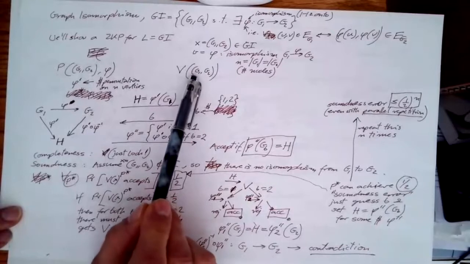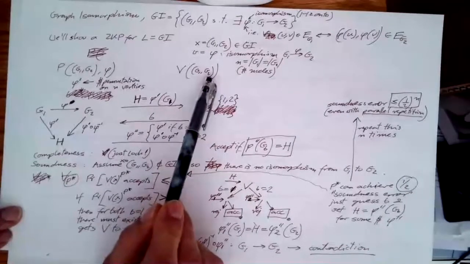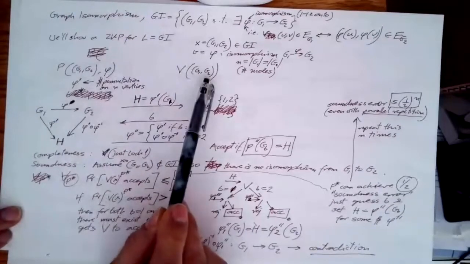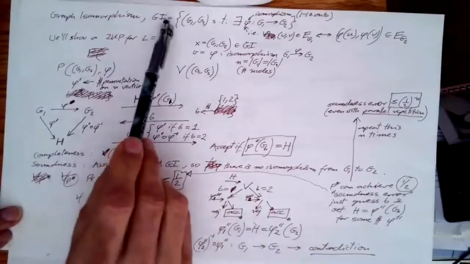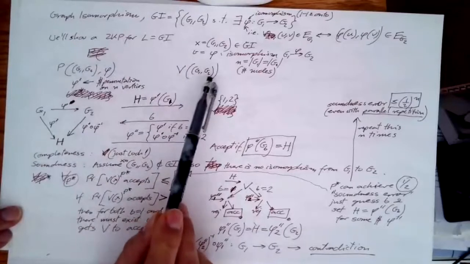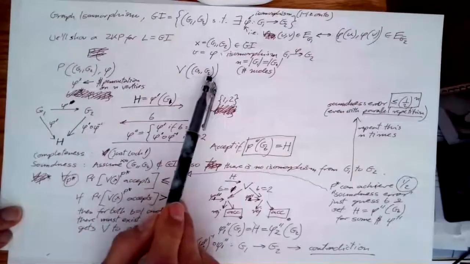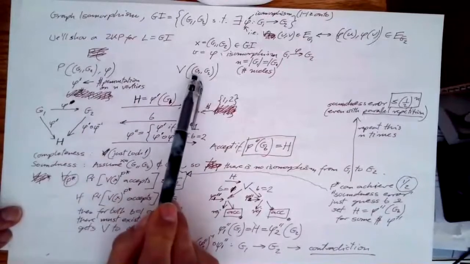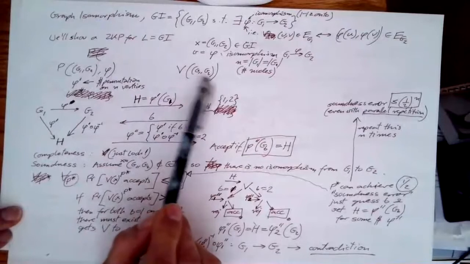So think of G1 as fixed and G2 an output of it. Why is it a one-way function? Because if graph isomorphism is hard, then given a sample, it is hard to find out what's the isomorphism behind that links these two graphs, right?